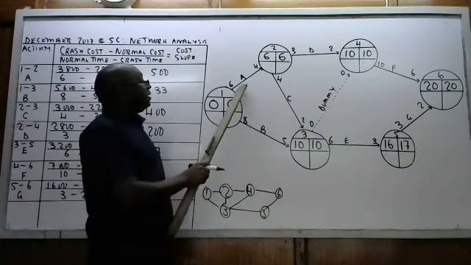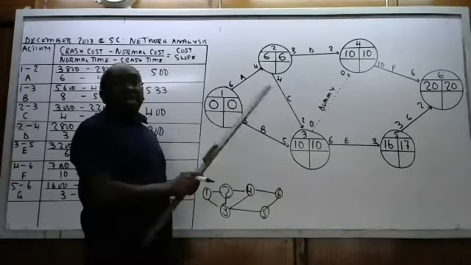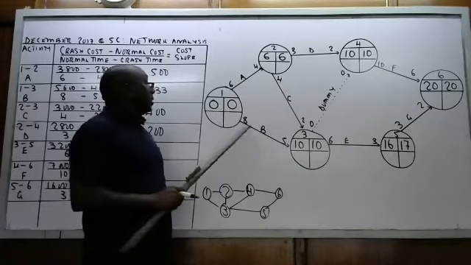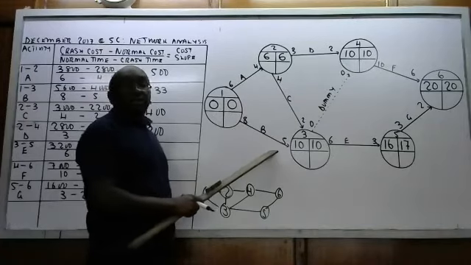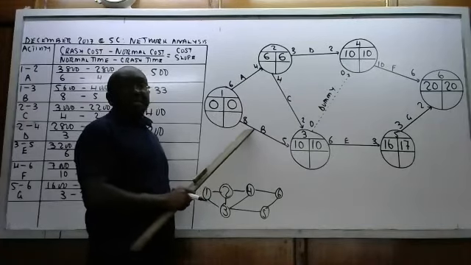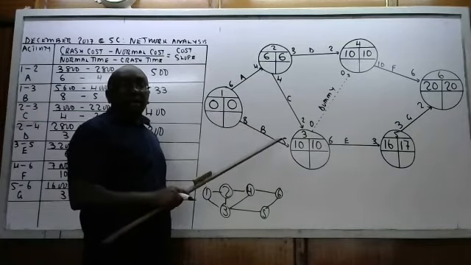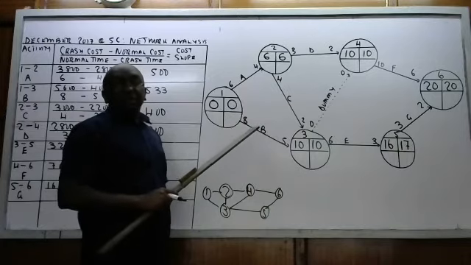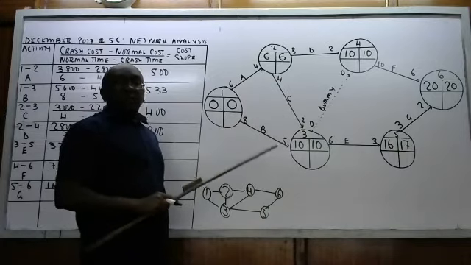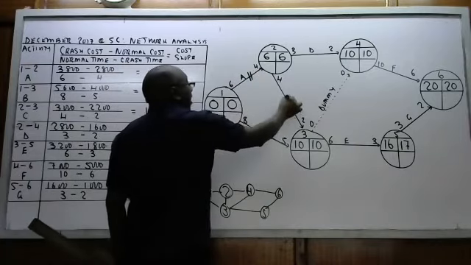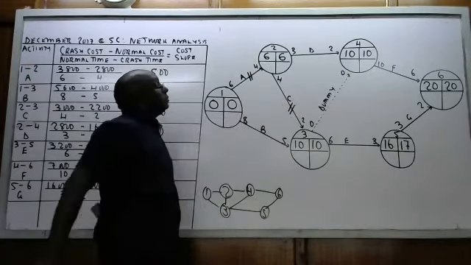If a person passes through A to C, the journey will take 6 plus 4, that is 10 days. But if a person took route B, it will take 8. And therefore 8 is shorter. So the shorter one is non-critical. The longer is the one which is critical. So the critical is A and C.